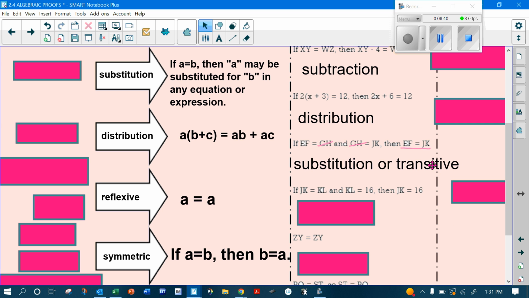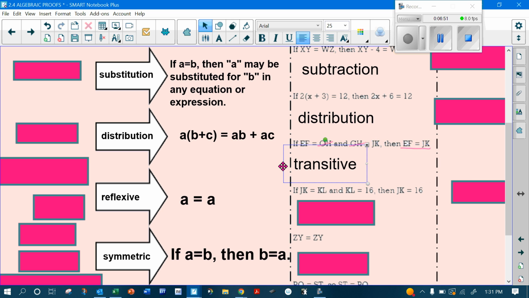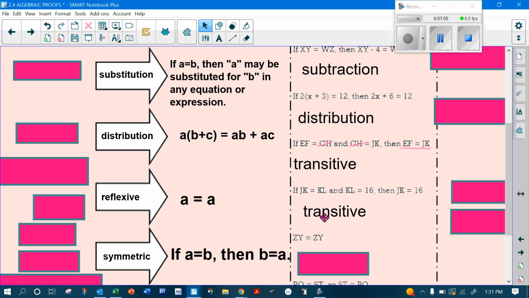Actually, transitive works better here. I'll show you a better example of substitution. So let's just say this is the transitive property. If JK is equal to KL and KL is equal to 16, well, then JK is equal to 16. So I'm going to call this one substitution.